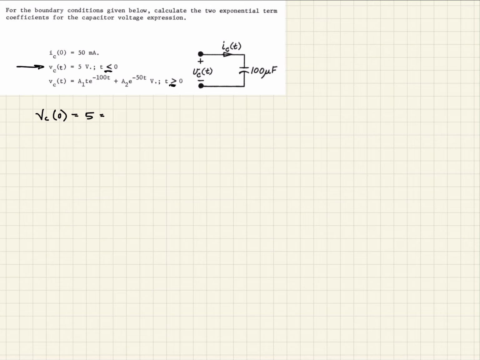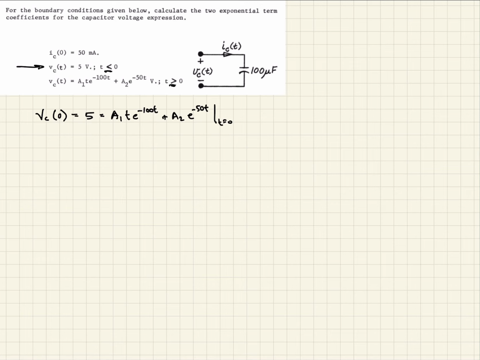So this has got to be equal to A1 t e^(-100t) plus A2 e^(-50t), at t equals 0.